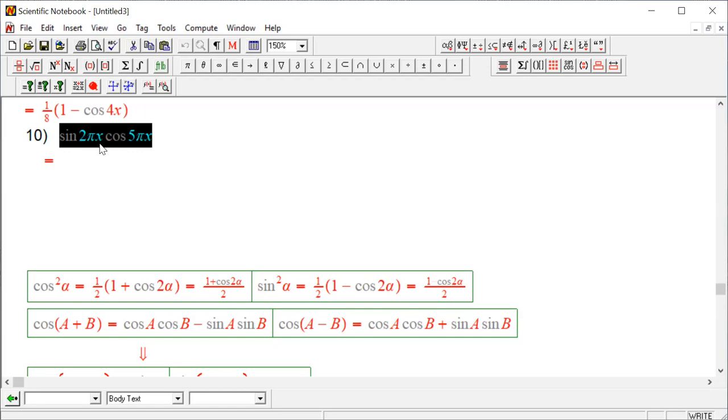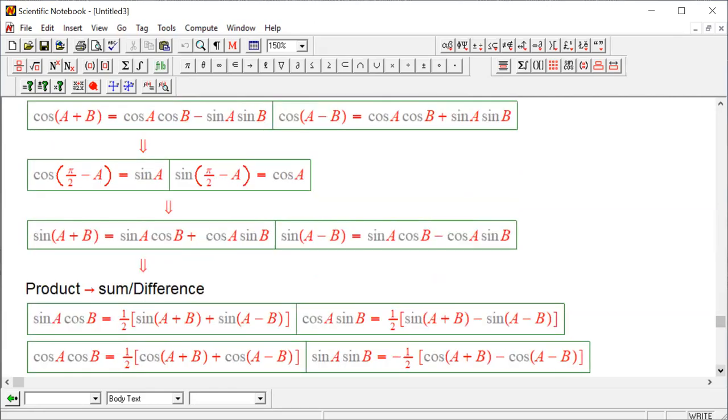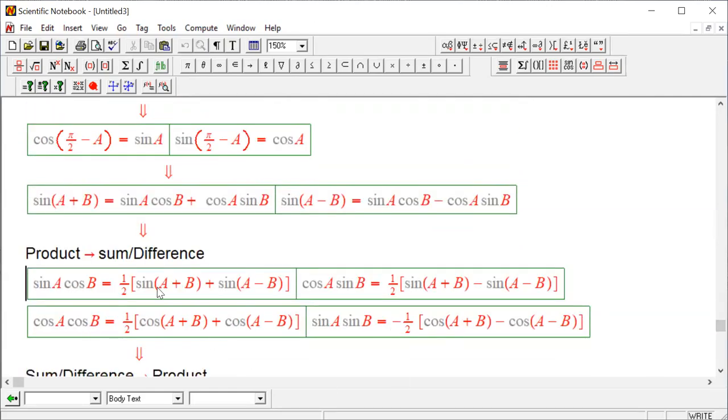That seems to be the formula that transforms a product into a sum or difference. We have derived those expressions. You see, this is power 1 times power 1, so not one of these, but one of these.